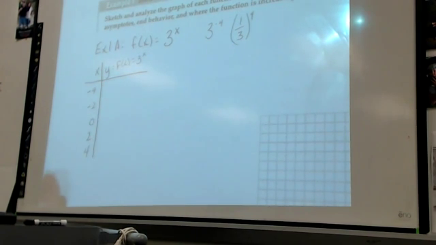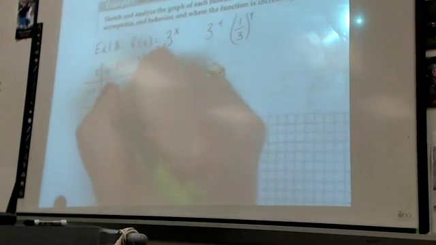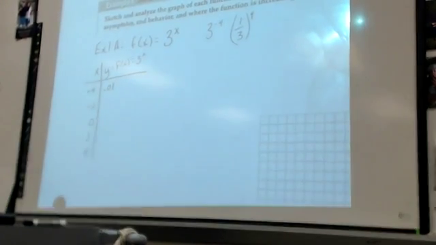If you raise 3 to the fourth power, 3 times 3 is 9, times 3 is 27, times 3 is 81. So that'd be 1 over 81. Now somebody put that in your calculator and tell me what the decimal is for 1 over 81. So 0.01 basically. All right.